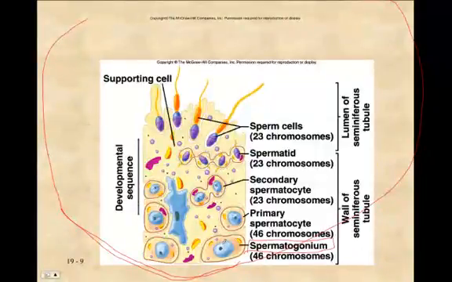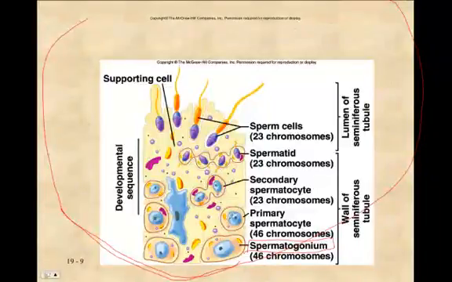These cells will divide and continue to produce cells with 46 chromosomes called primary spermatocytes. They get pushed up and become what are called primary spermatocytes.